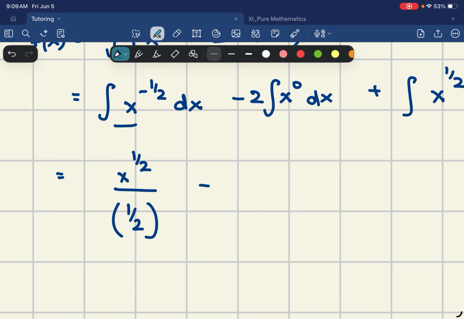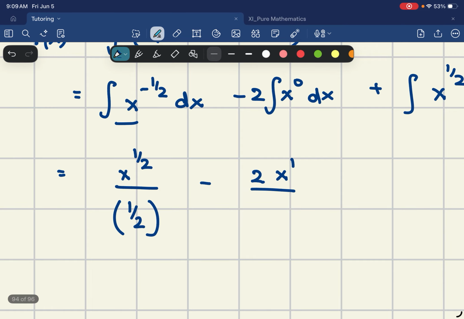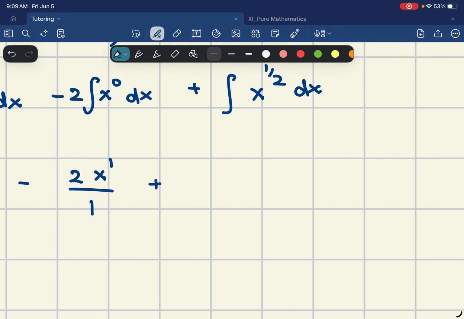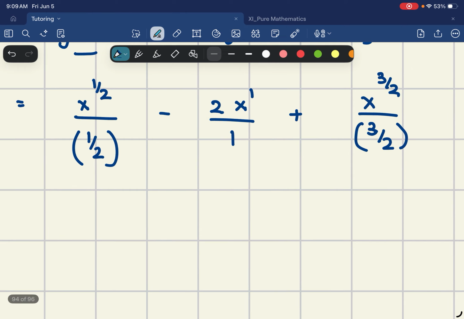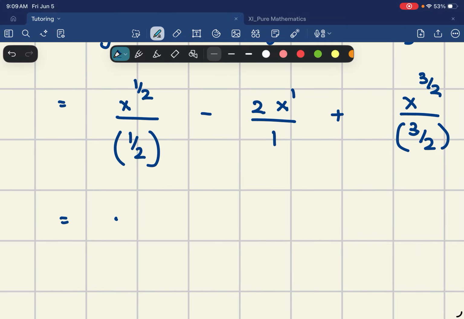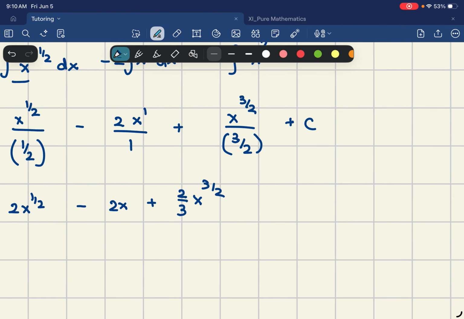For x to the power half, you raise the power by 1, so half plus 1 gives you 3 over 2, and you divide by your new power. When you simplify everything, you get 2x to the power half minus 2x plus 2 over 3 x to the power 3 over 2. And do not forget your constant of integration.